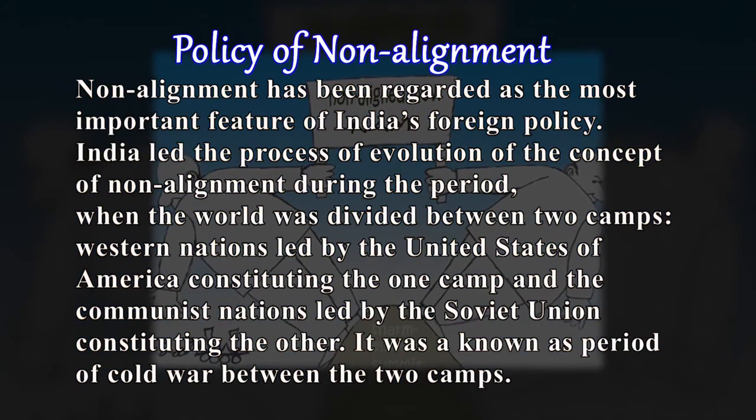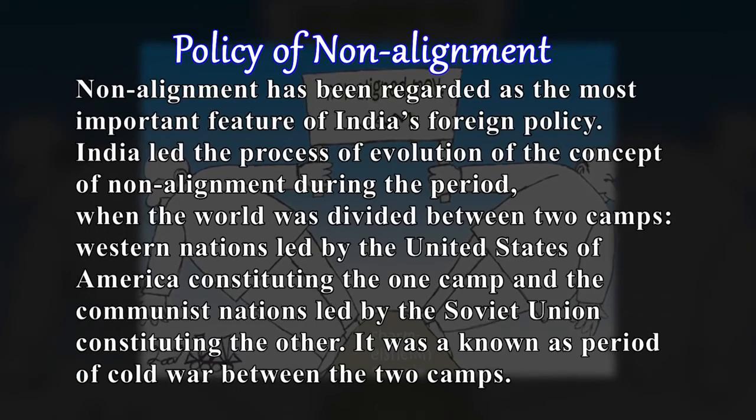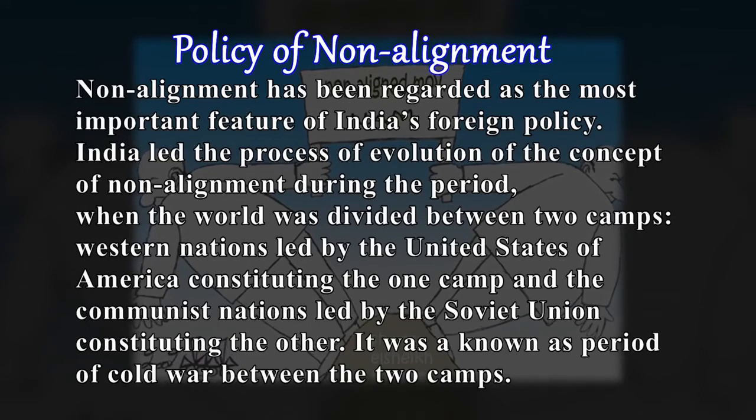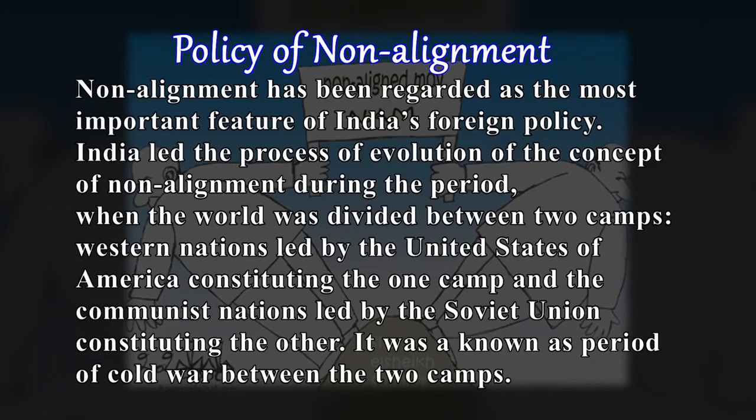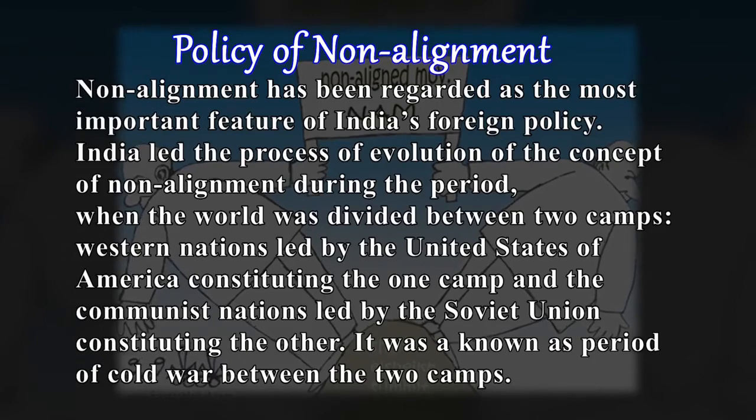Non-alignment has been regarded as the most important feature of India's foreign policy. India led the evolution of the concept of non-alignment during the period when the world was divided between two camps: Western nations led by the United States of America constituting one camp and the communist nations led by the Soviet Union constituting the other, and it was known as the period of Cold War between the two camps.